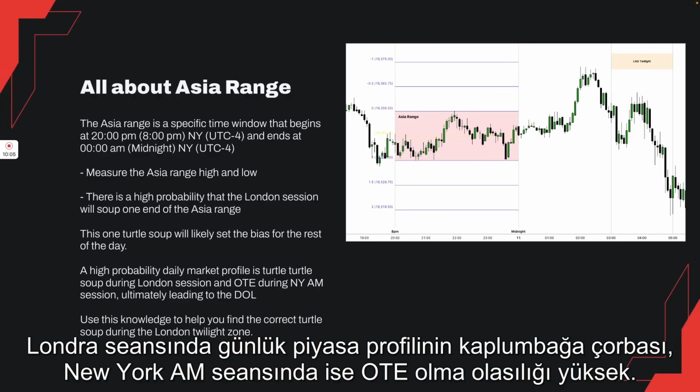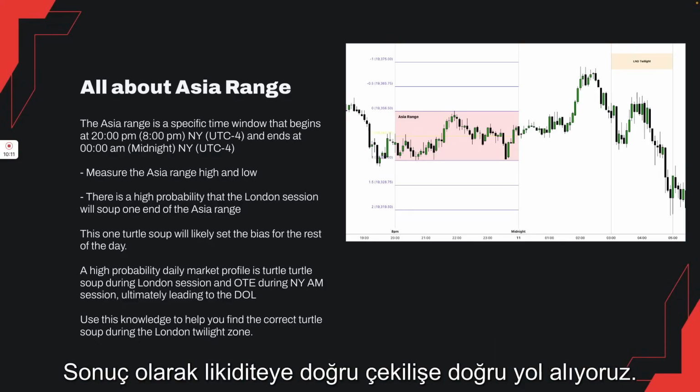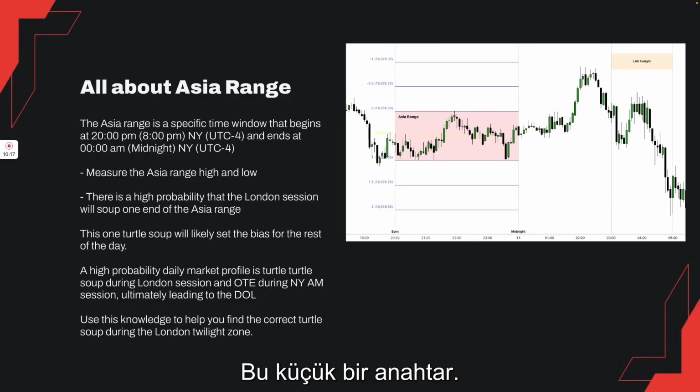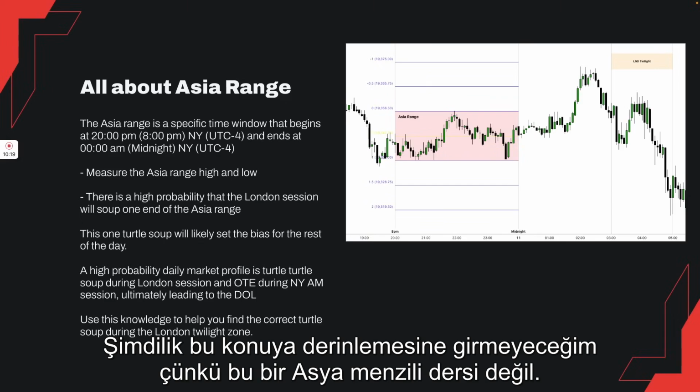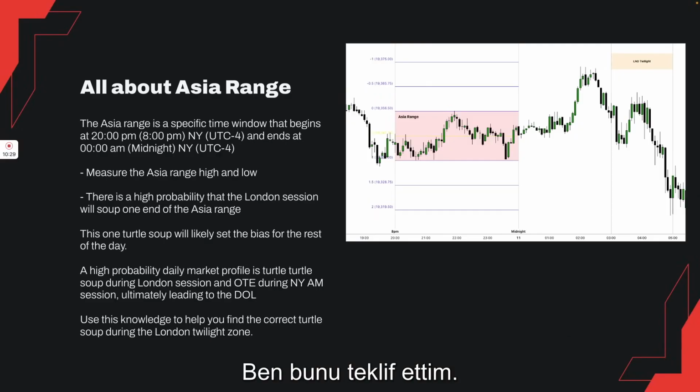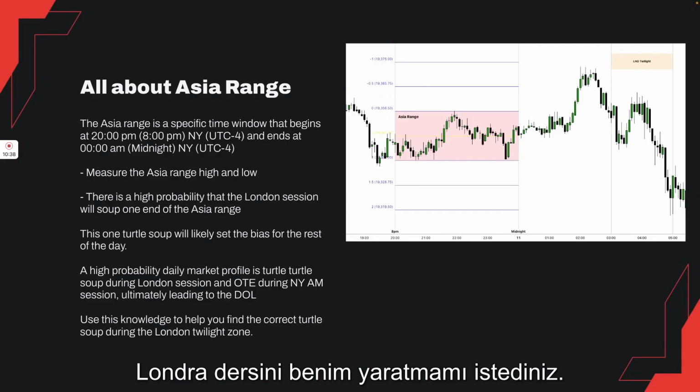A high probability daily market profile is a turtle soup during the London session and an OTE during the New York AM session, ultimately leading towards the draw on liquidity. That is a little key. I'm not going to go in depth about this right now because this is not an Asia range lesson. I have offered this. You guys have wanted me to create the London lesson.